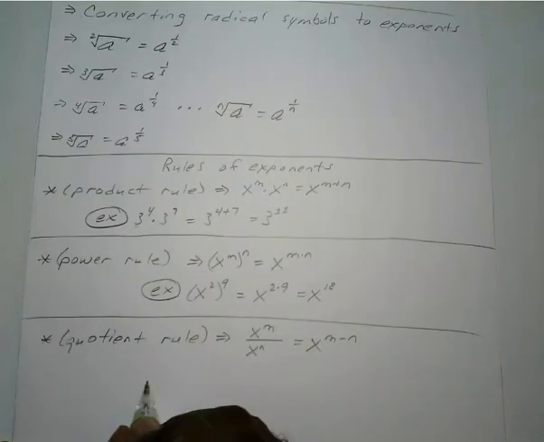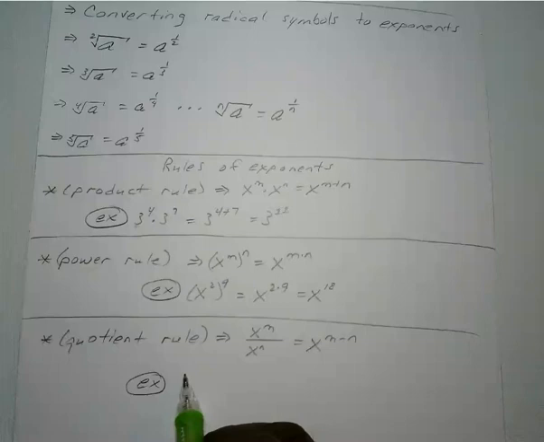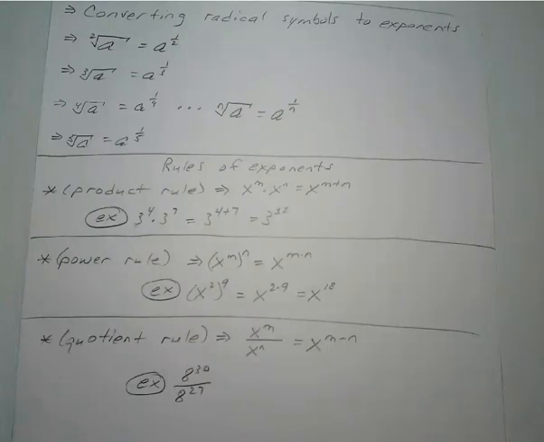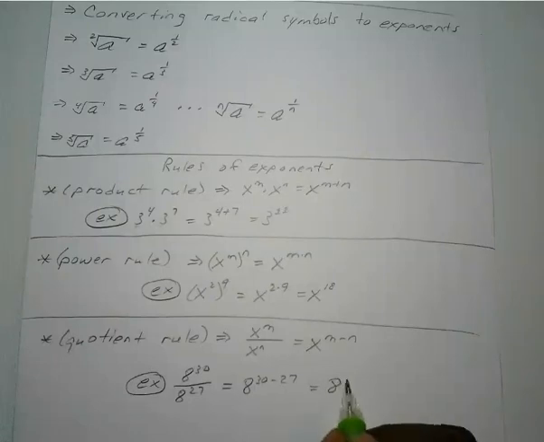An example of that would be 8 to the power of 30 over 8 to the power of 27. Once again, our bases are the same, so we just subtract our exponents. So that's 8 to the 30 minus 27th power, which is 8 to the 3rd power.